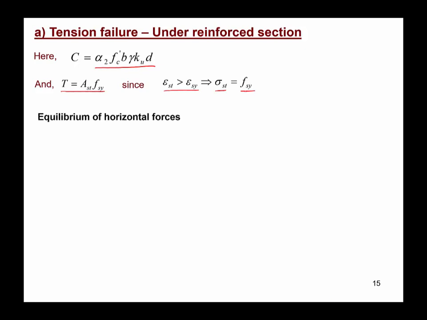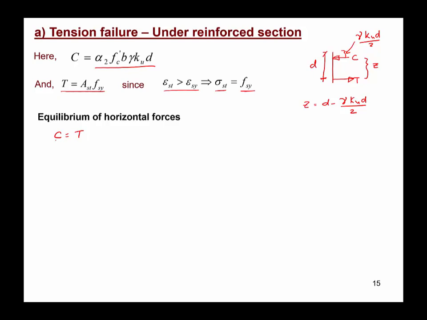So now for the horizontal equilibrium of the forces, compressive force C has to be equal to the tensile force T. As we know from the diagram before, C is acting here, the tensile force is acting here. The distance between C and T is denoted by the lever arm jd, which is equal to d minus gamma Ku d over 2, because the point of application of C is gamma Ku d over 2, and the depth of the steel is d.